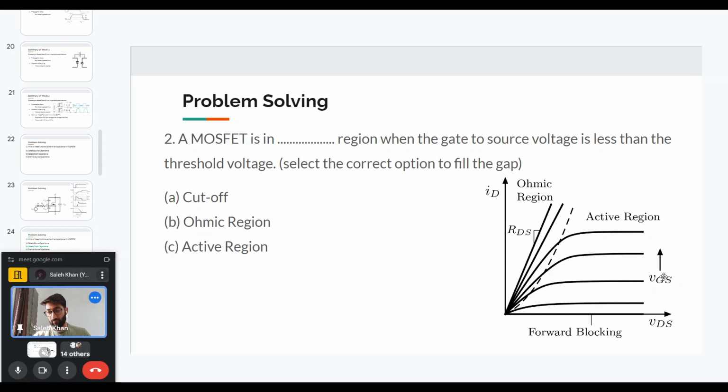But as we increase the gate source voltage, we can go to the ohmic region, and in that region, we can go to very high currents for very low voltage drop. The ohmic region and the cutoff region are the regions used in power electronics because we have very high voltages and high currents. We cannot go into the active region; it will cause a very high power loss. So the answer to this problem is the cutoff region.